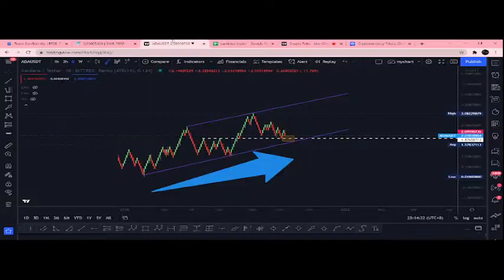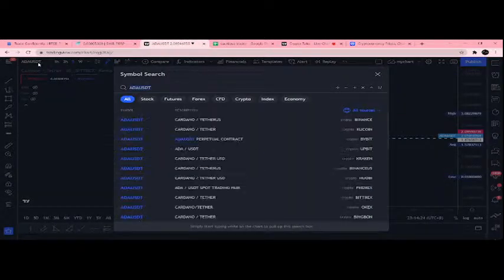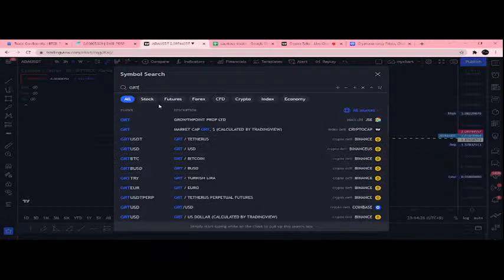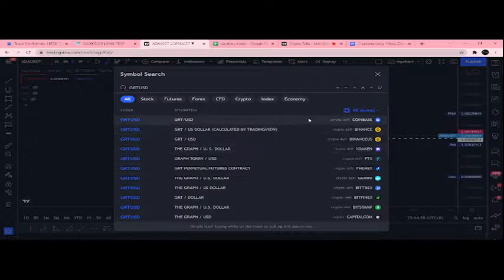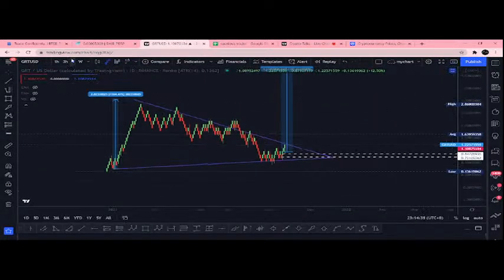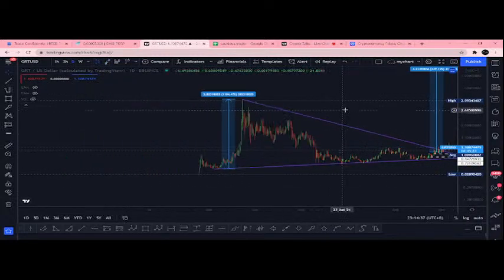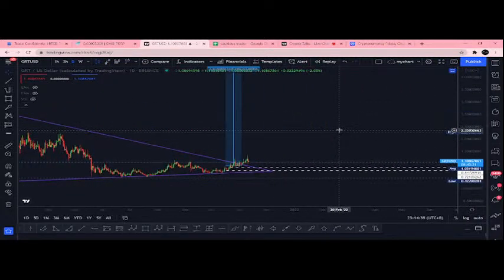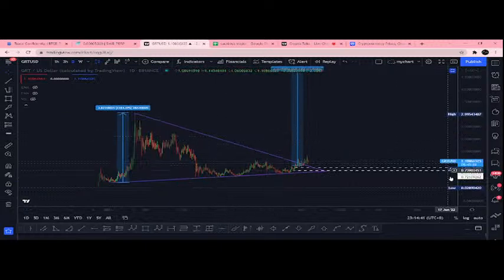So what happened to GRT? I also have GRT, but I'm staking it actually. So normally, if I plan to hold a long-term crypto, I normally buy, hold, and stake.